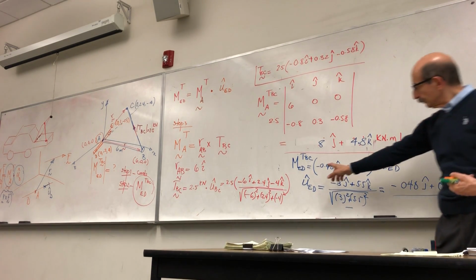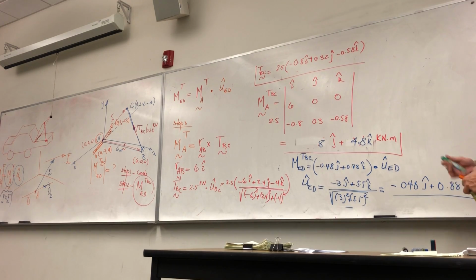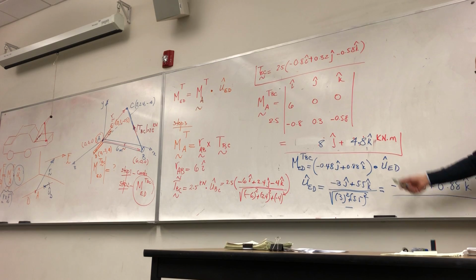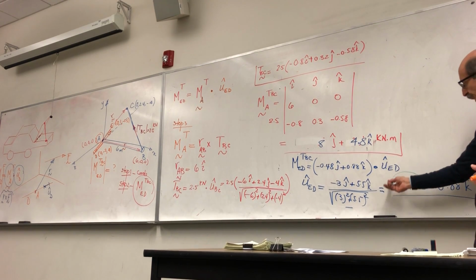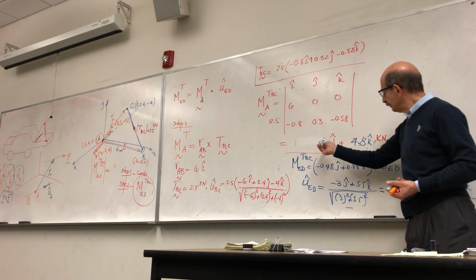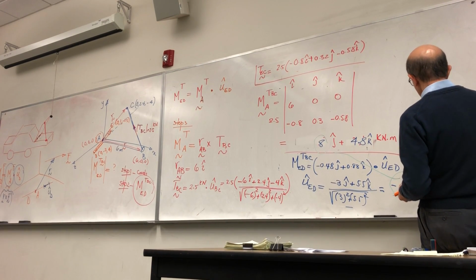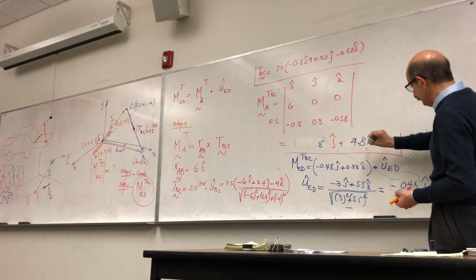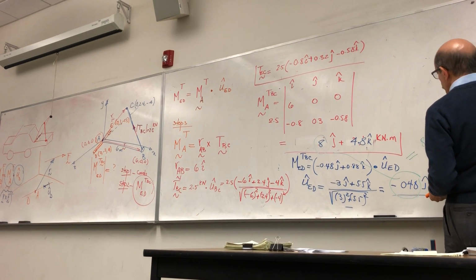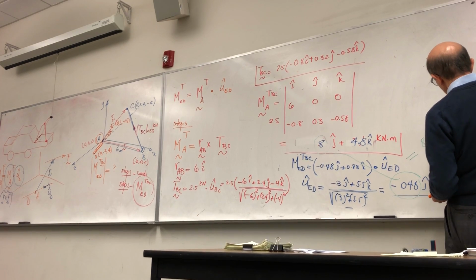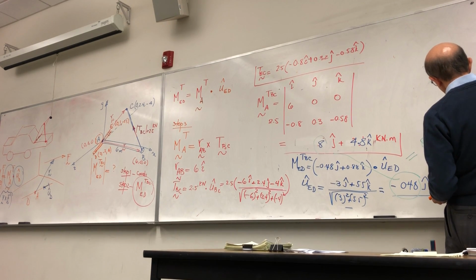Now, what is the outcome of this operation? You need to multiply I times I, both of them are 0, J times J, so this would be 8 times negative 0.48, plus K times K, so it would be plus 4.8 times 0.88.